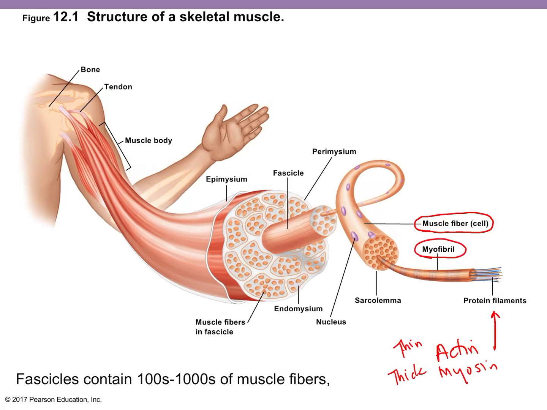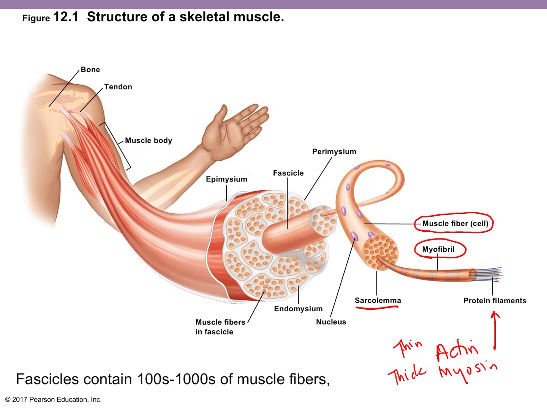The myofibril is going to be the contractile unit of the muscle cell, and it's created from the sarcomeres down the myofibril. The sarcolemma is what we call the plasma membrane of the muscle fiber. Remember that sarco is used a lot: sarcolemma, sarcoplasmic reticulum, and then the sarcoplasm would be the cytoplasm inside.